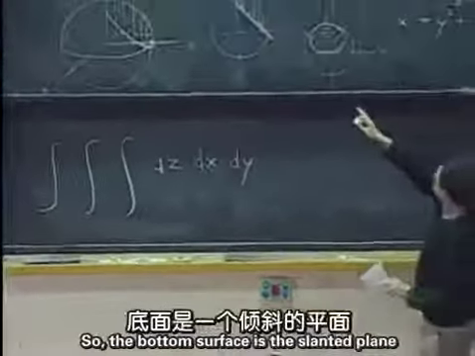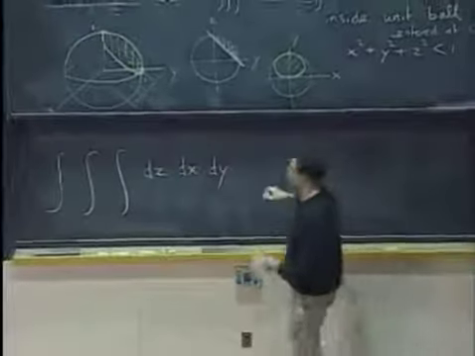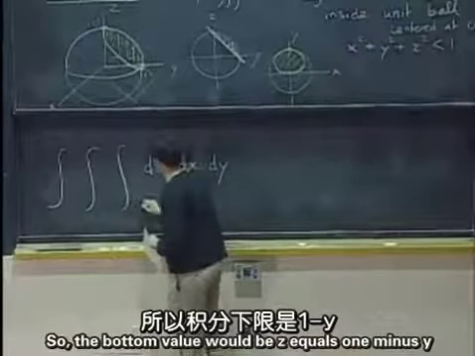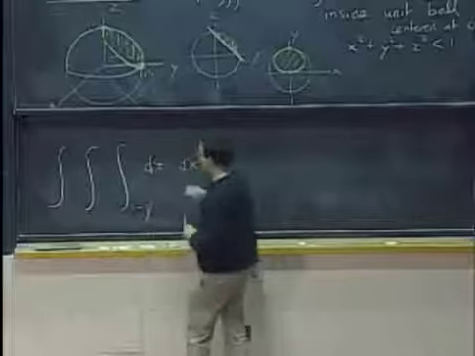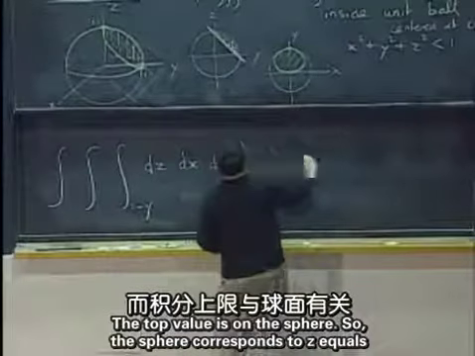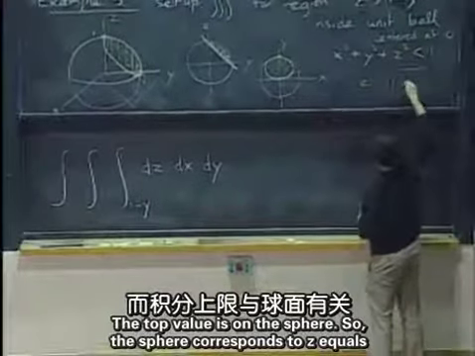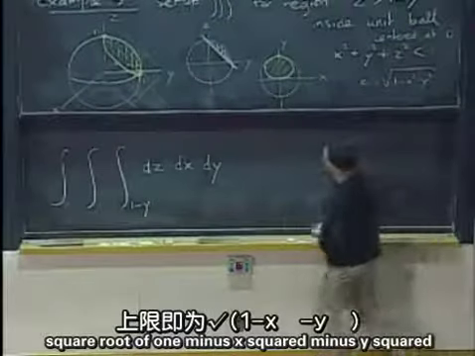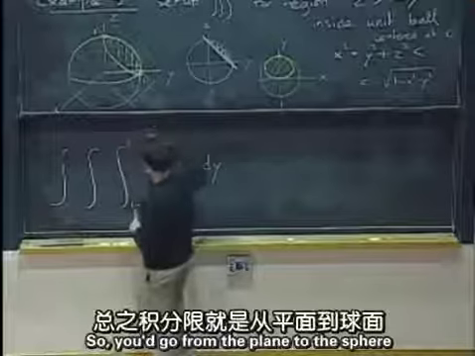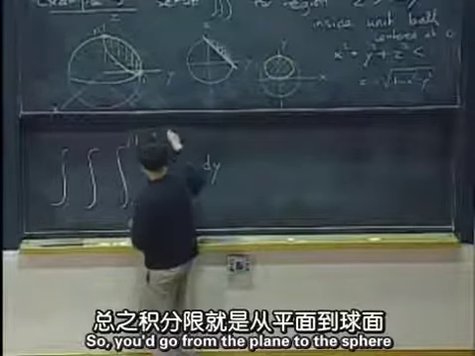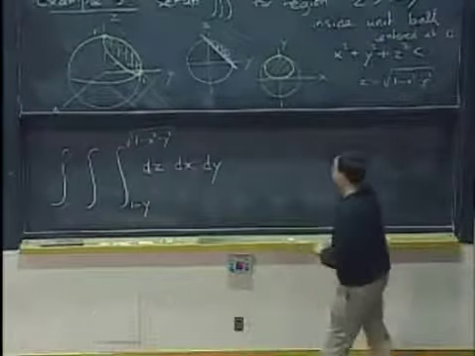The bottom surface is the slanted plane, so the bottom value would be z equals 1 minus y. The top value is on the sphere, so the sphere corresponds to z equals square root of 1 minus x squared minus y squared. So you go from the plane to the sphere.